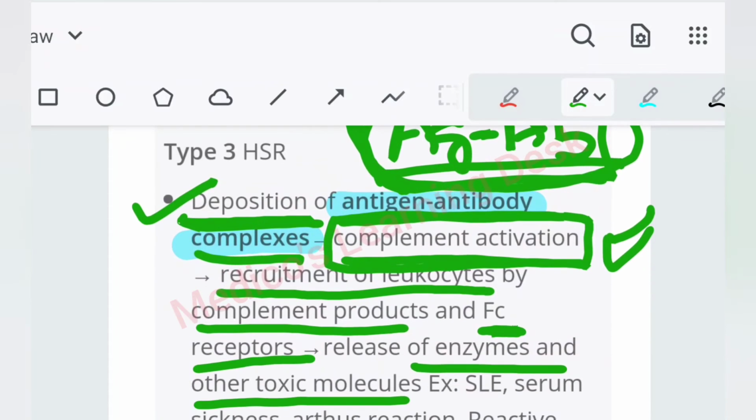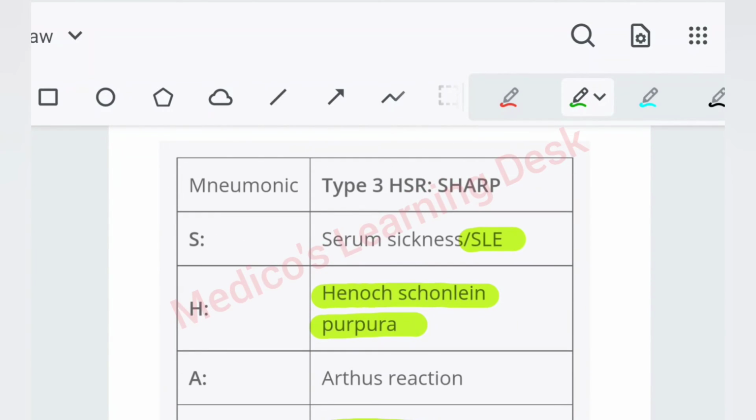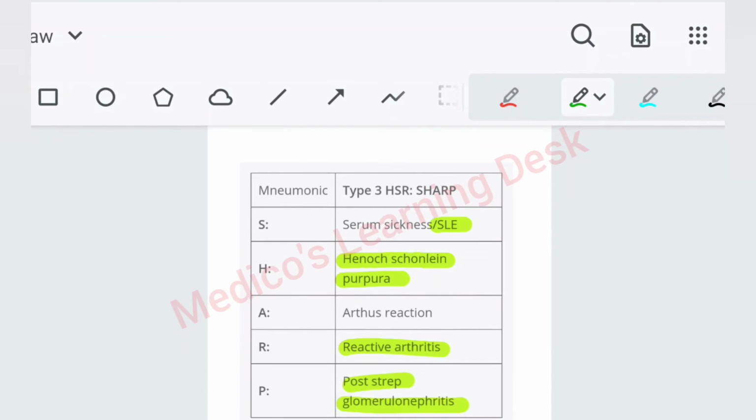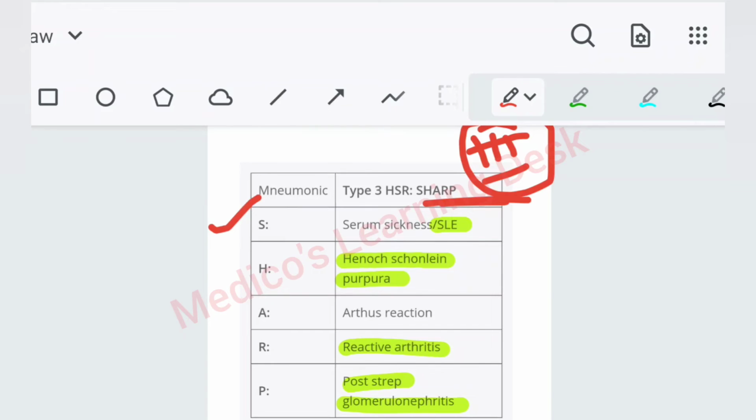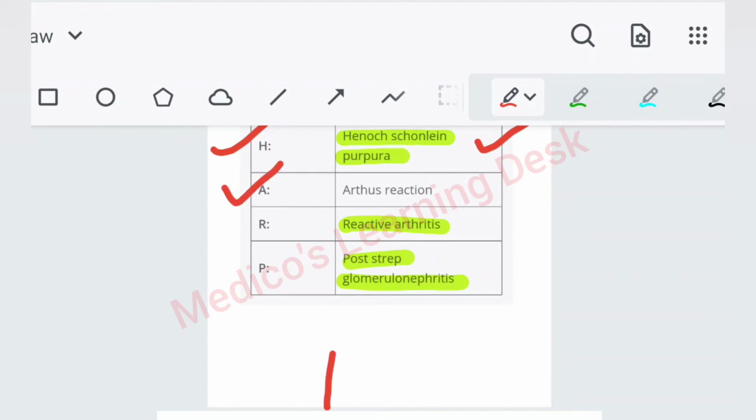Okay, so now let's see the mnemonic. Mnemonic is SHARP. For type 3 it's SHARP. S for SLE or serum sickness, H for Henoch-Schonlein purpura, A for Arthus reaction, R for reactive arthritis, P for post-streptococcal glomerulonephritis.